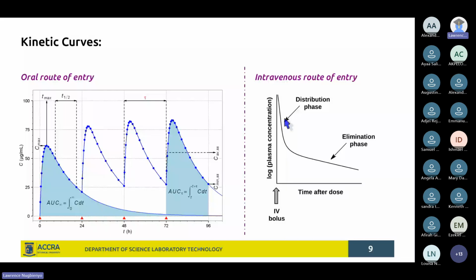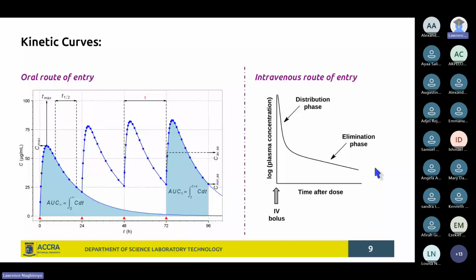So once distribution starts, you start to experience blood concentration levels dropping, and then you will have the elimination phase. Excretion is occurring all the way until the xenobiotic is excreted out of the system.